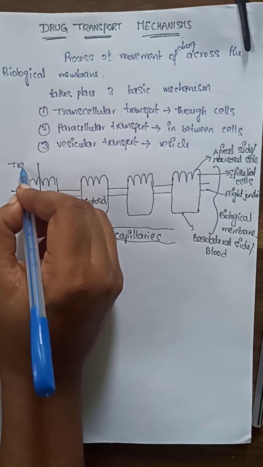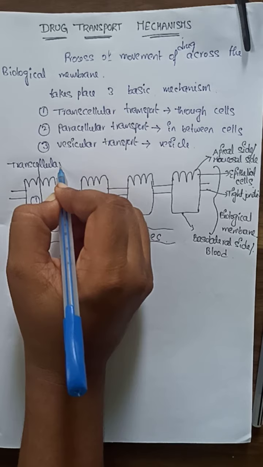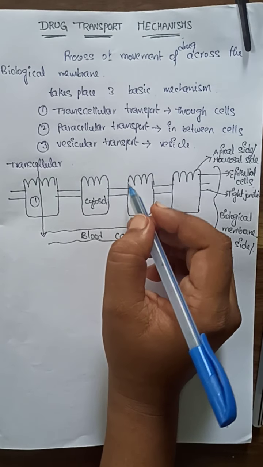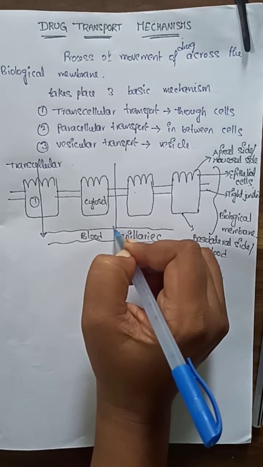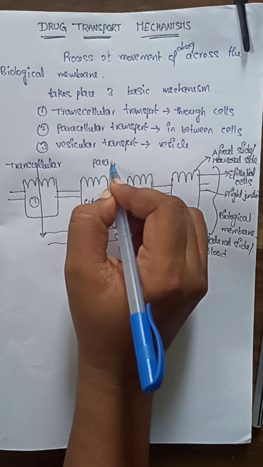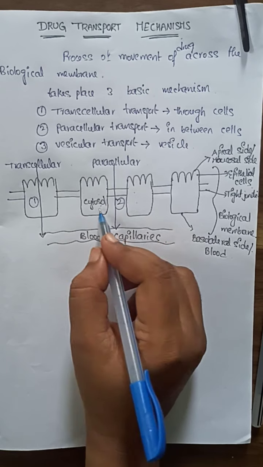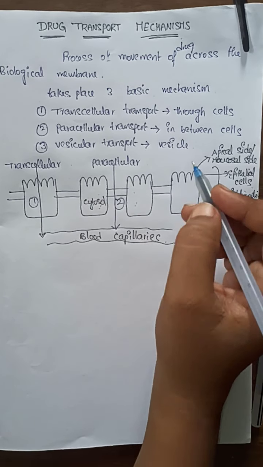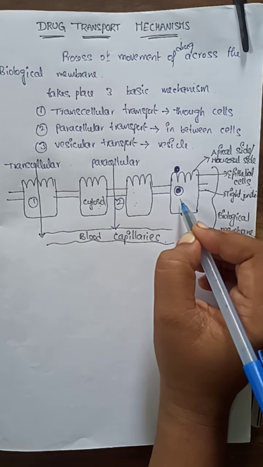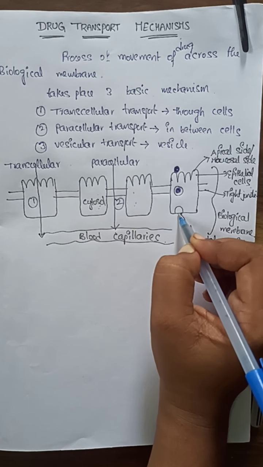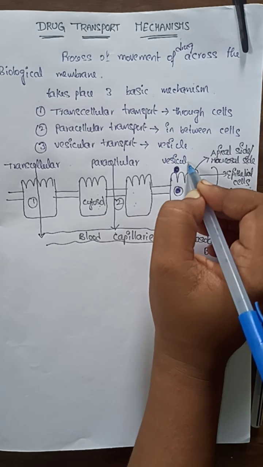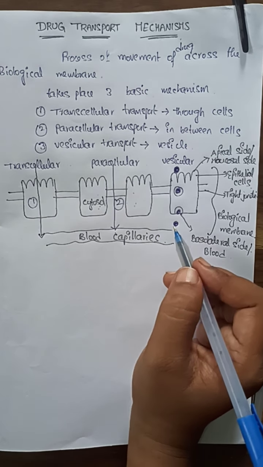Whereas if the drug permeates through the space in between the cells, that mechanism is known as paracellular transport. And if the drug is engulfed by the epithelial cells and forms a vesicle, and this vesicle is transported across the cytosol and releases the drug into the blood capillaries, that mechanism is known as vesicular transport, or endocytosis.